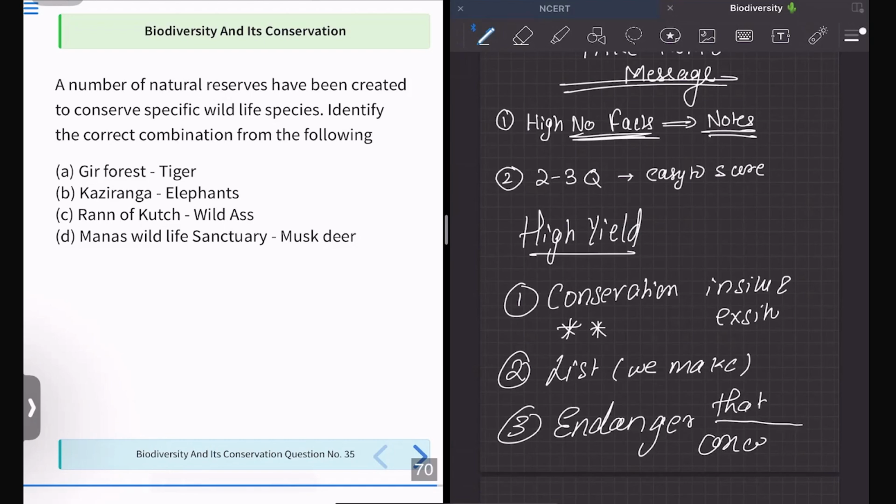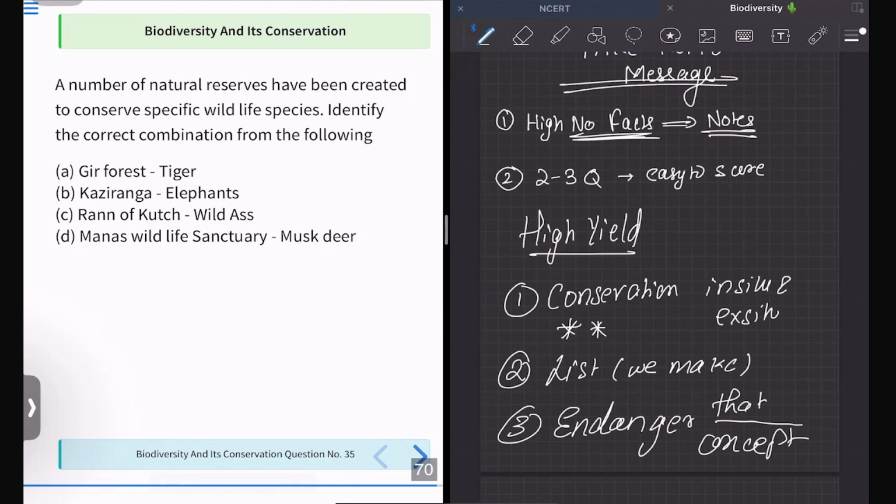Okay. So we have discussed this chapter, we have discussed the previous year questions, and we have understood what kind of questions are being repeated in our exam and how the examiner is thinking when framing questions from this topic. I hope I am able to deliver that to you. We have discussed high yield concepts and I've tried my best to simplify them.